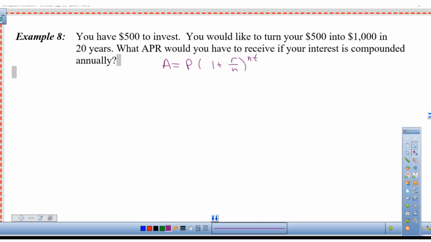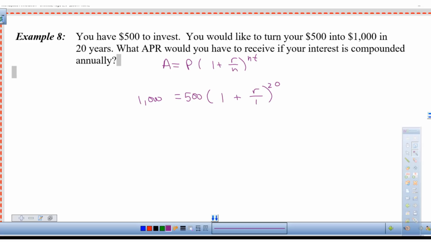They want the APR. So guys, look. I'm going to do my parenthesis, 1 plus the R is what I'm looking for. I have to find my A and my P and my N and my T. $500 is my P. You want to turn it into $1,000. That's your A. Time is 20 years and it's compounded annually. So somebody tell me what my N is.